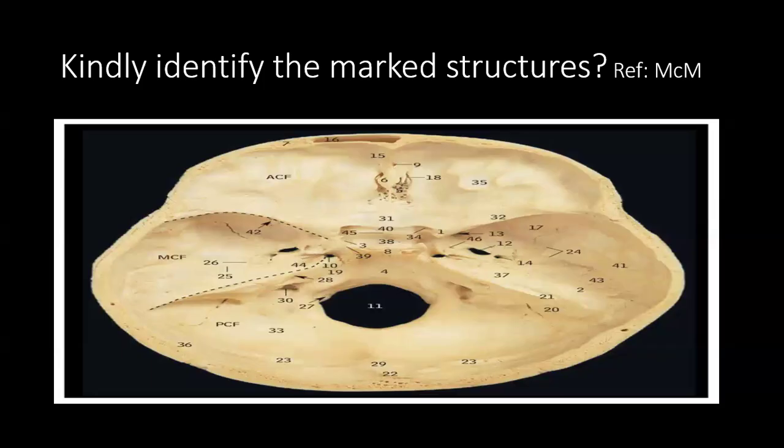Okay. Would you please be able to identify number 30? We are just focusing on the posterior cranial fossa at the moment. This is the jugular foramen. Okay, please tell me the contents of it.